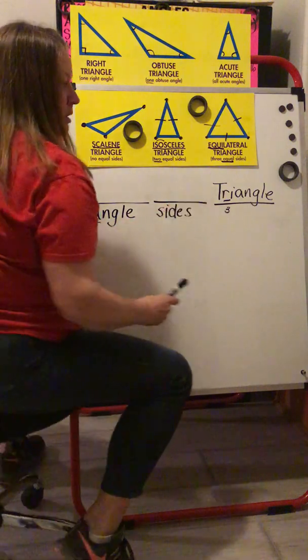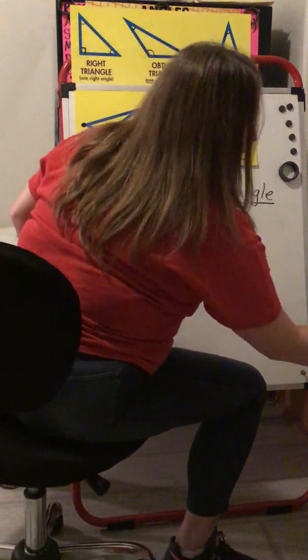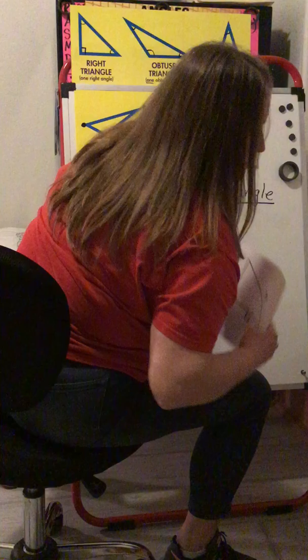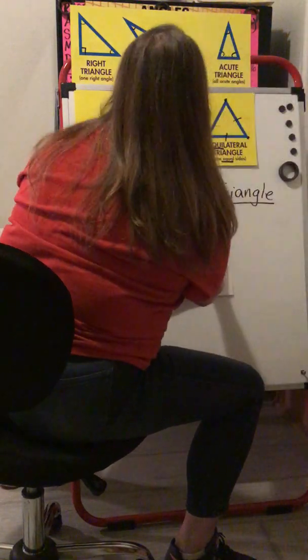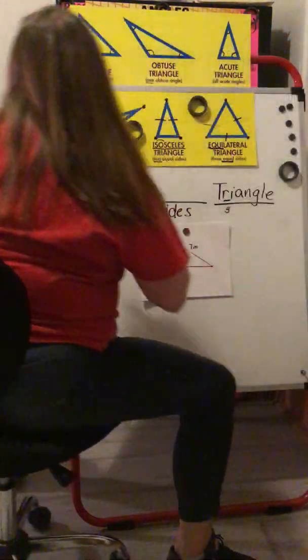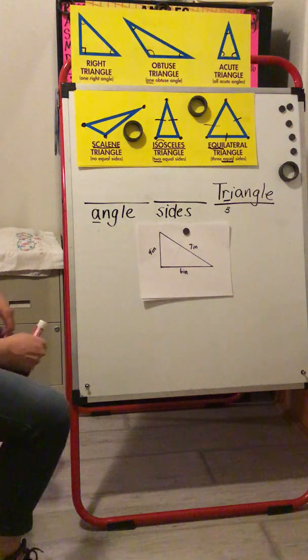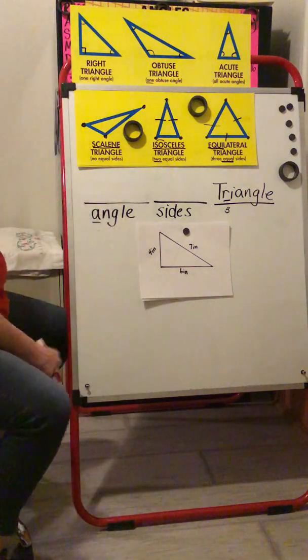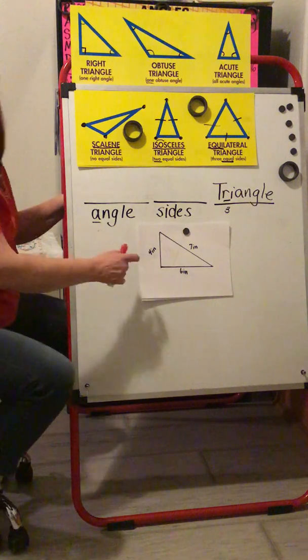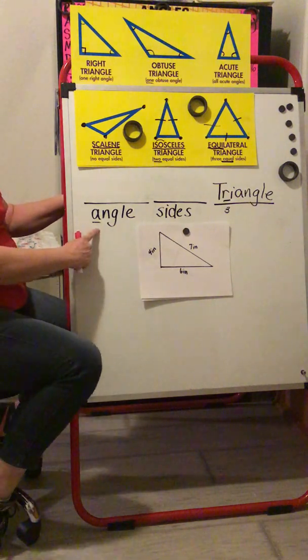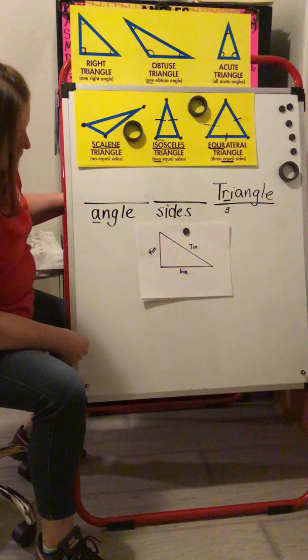So the last name is always going to be triangle. Let me get this first one out here and get a different marker so we can see. Okay, here's my first triangle. Now, when we start naming this triangle, we're going to start with what kind of angles it has. Now let's take a look at this.